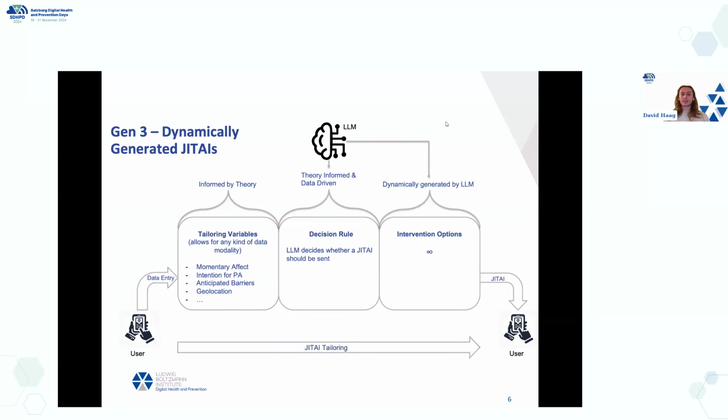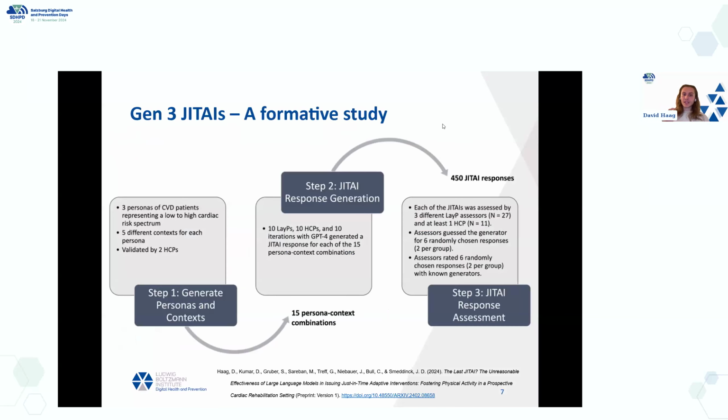Now, that is what we looked at in a recent study, in which we first came up with 3 personas of cardiac rehab patients and 5 contexts that could typically appear in the lives of those personas. We then took those 15 persona-context pairs, inputted them into ChatGPT, and asked it, would you send a just-in-time adaptive intervention to support physical activity now, yes or no?